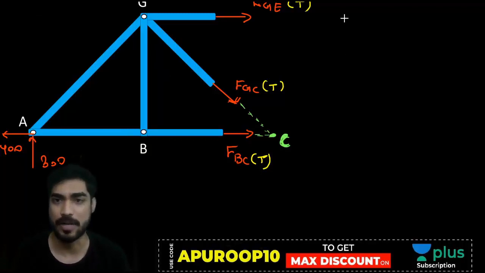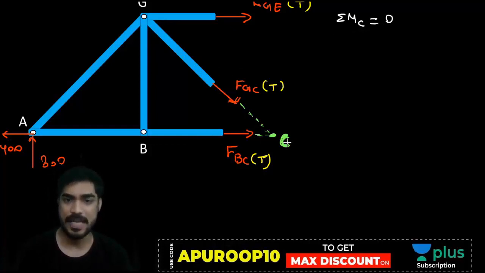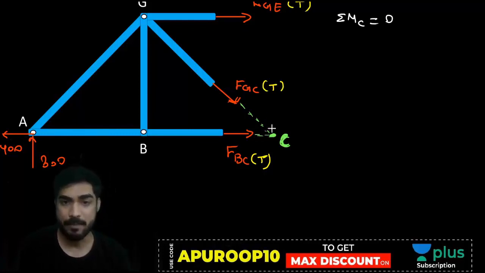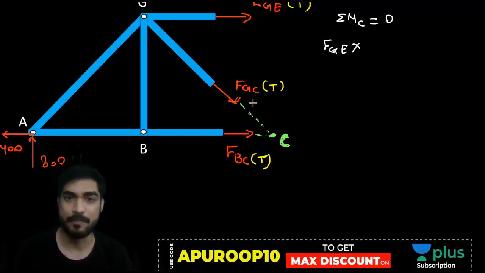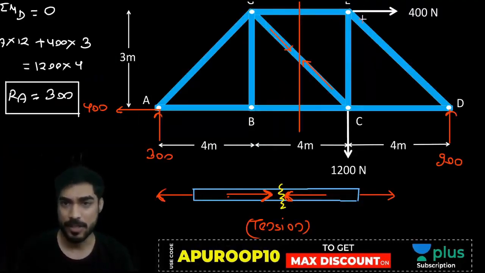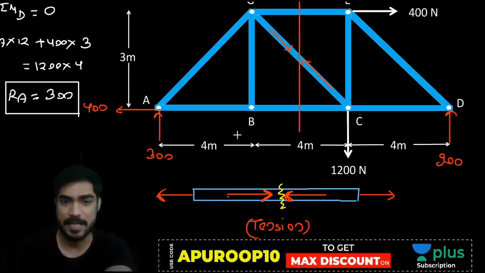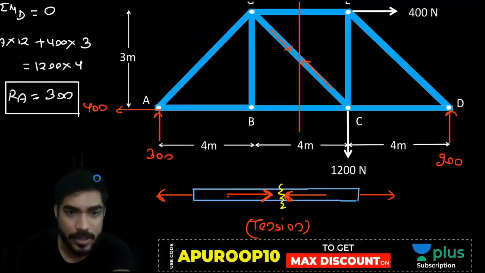What equation are you going to get, beta? If you take moment about C, the moments of GC and BC are gone, since GC and BC pass through C. The moment of this 400 is also gone, since it also passes through C. So what will be left? 800 and GE. So FGE multiplied by 3 meters plus 800 multiplied by what is this distance? Sorry, this is not 800, this is 300.